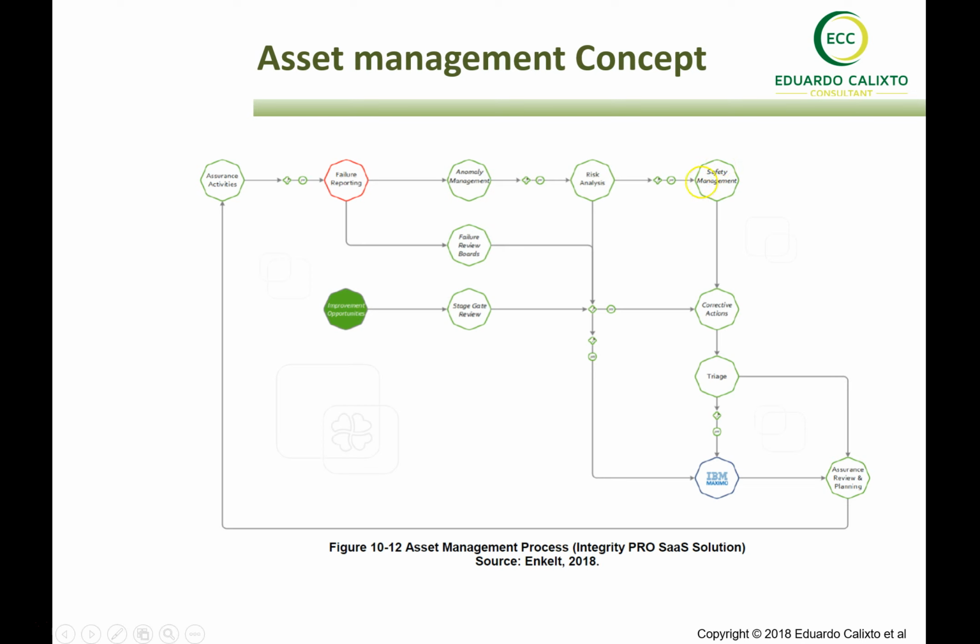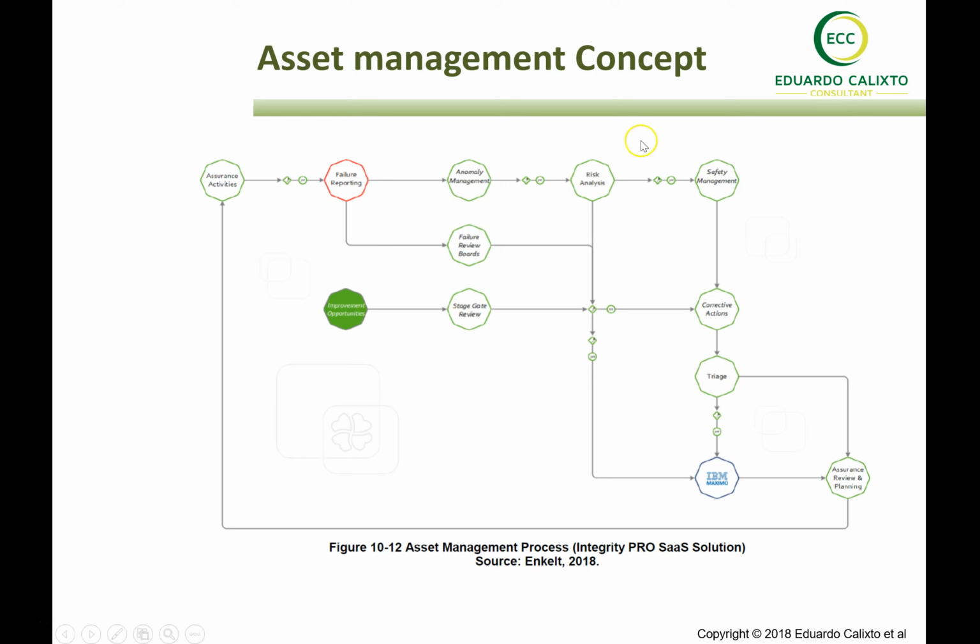Again, if you want more discussion about asset integrity, we also provide an online training that gives detailed information on how this flow works, and how we manage all the safety critical elements, and how here, for example, we have the Swiss cheese diagram.